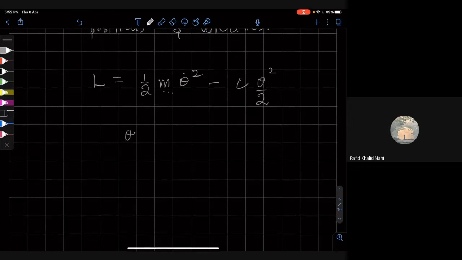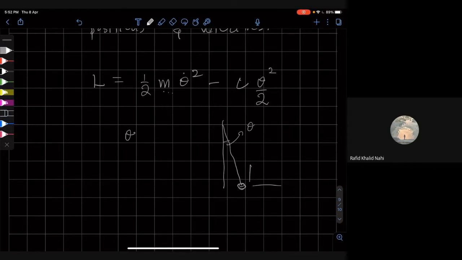If you have a simple pendulum that's oscillating, this theta is the real variable, because superficially the simple pendulum looks like a two-dimensional system, but because there's a constraint that it must be on a string, it's actually a one-dimensional system.